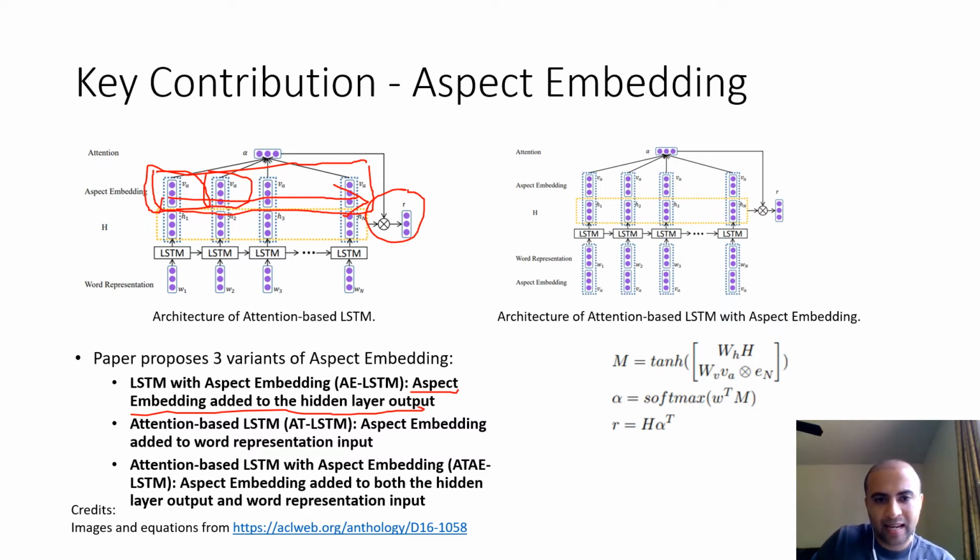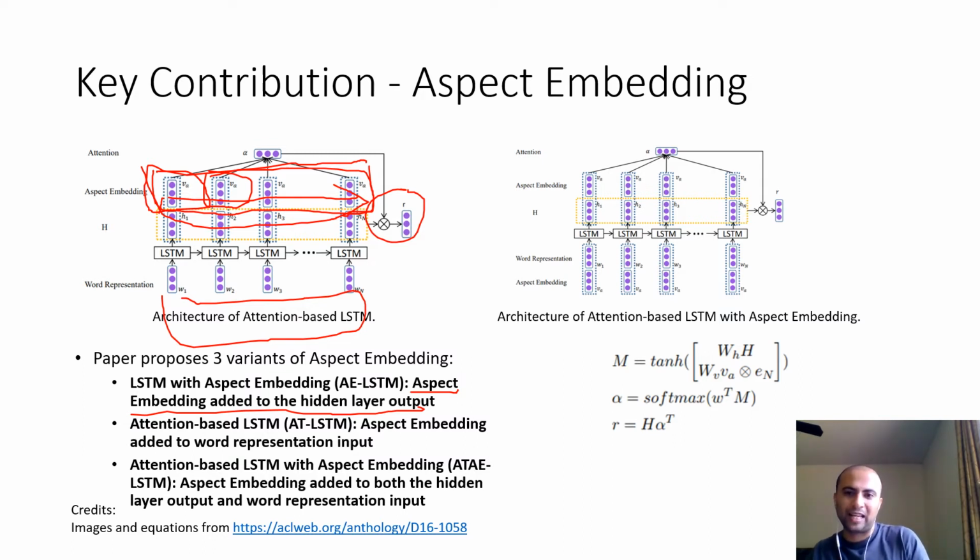Then there is attention based LSTM, where this kind of aspect embedding is added to the word vectors. And then there is the combination, the everything model, which is aspect embedding, attention based and aspect embedding LSTM, which is what we see here.